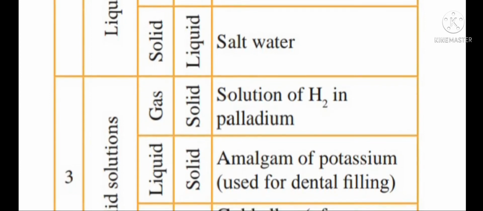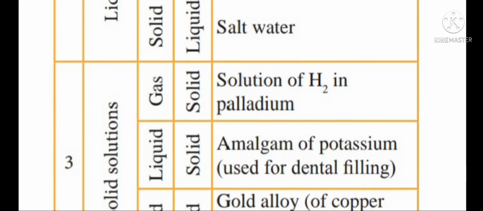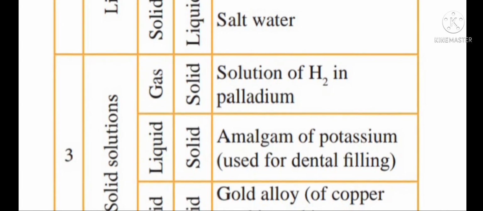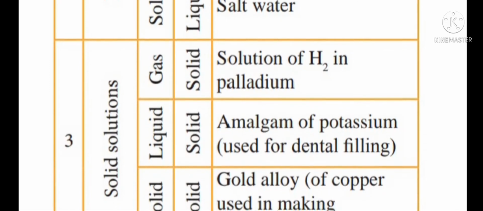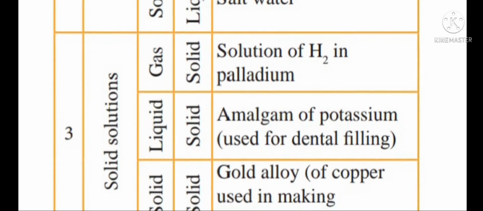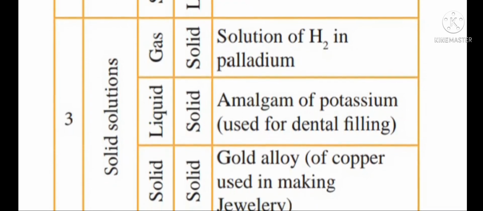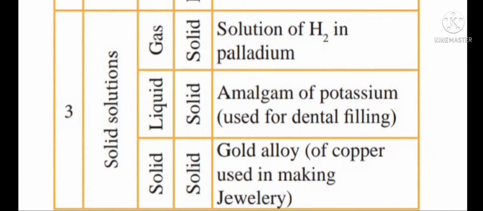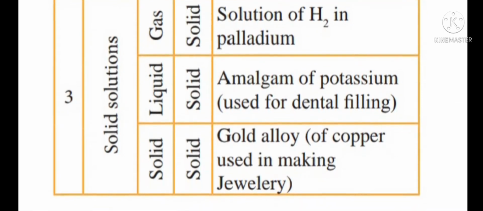Next, solid solute is dissolved in solid solvent. For this, the example is gold alloy of copper used in making jewelry. Hence, we completed different types of solution based on the physical state of the solute and solvent.